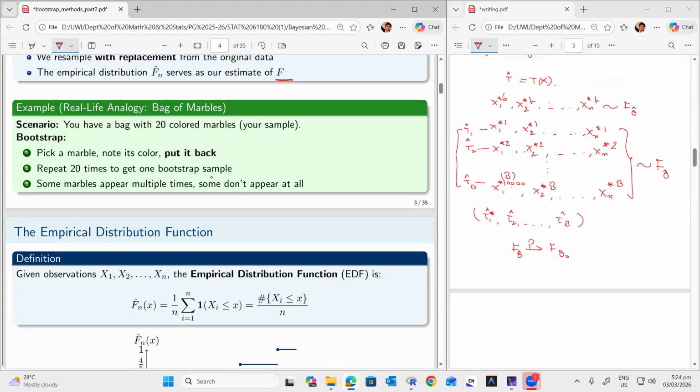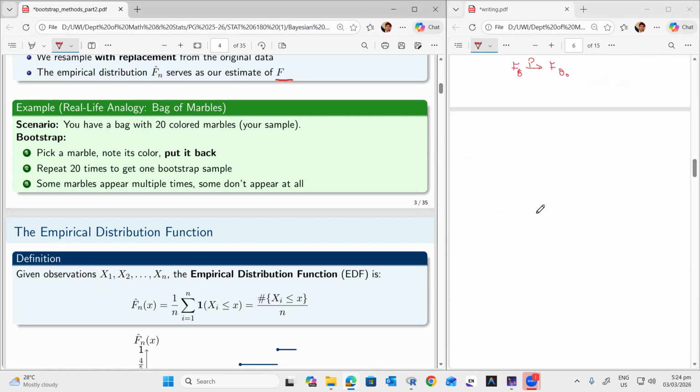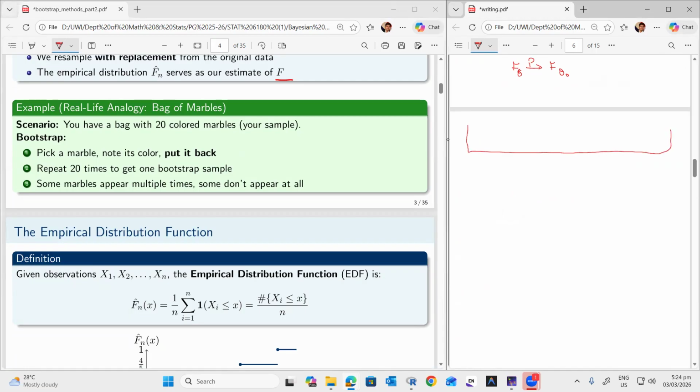So when you have one bag of 20 colored marbles, x1, x2 up to x20 are there. When you pick a marble once, you note down the color and then put it back into the bag.